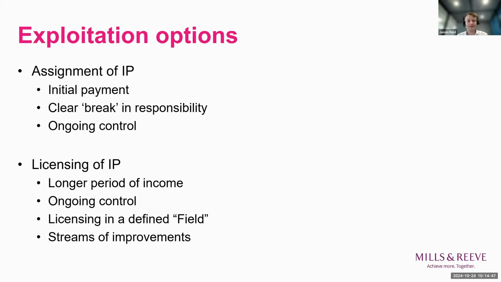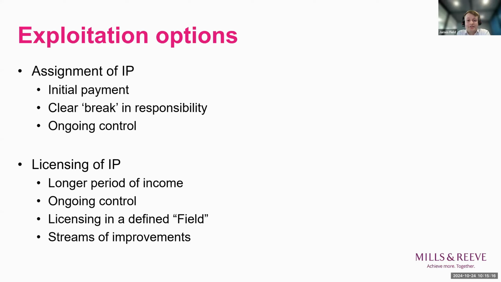That can also be combined with milestone payments built in over the course of the license. If one of the university's drivers is that it needs to receive some income quite quickly, there's nothing to stop setting up a milestone that is achieved essentially on execution of the agreement, or very early on in the process. So there are potential flexibilities there.